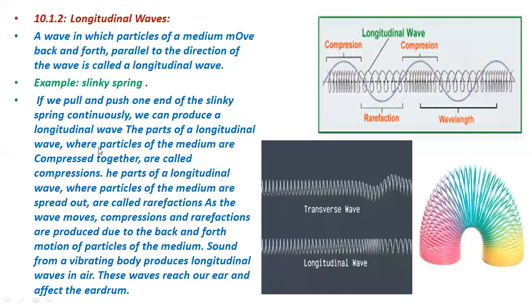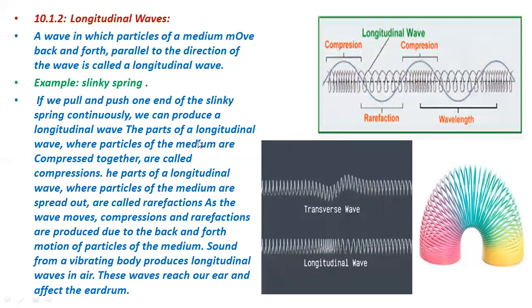The parts of the longitudinal wave where particles of the medium are compressed together are called compression. As I told you, the medium is the slinky spring, and these are the particles of the slinky spring. When they are close together or packed together, that part of the wave is called compression.